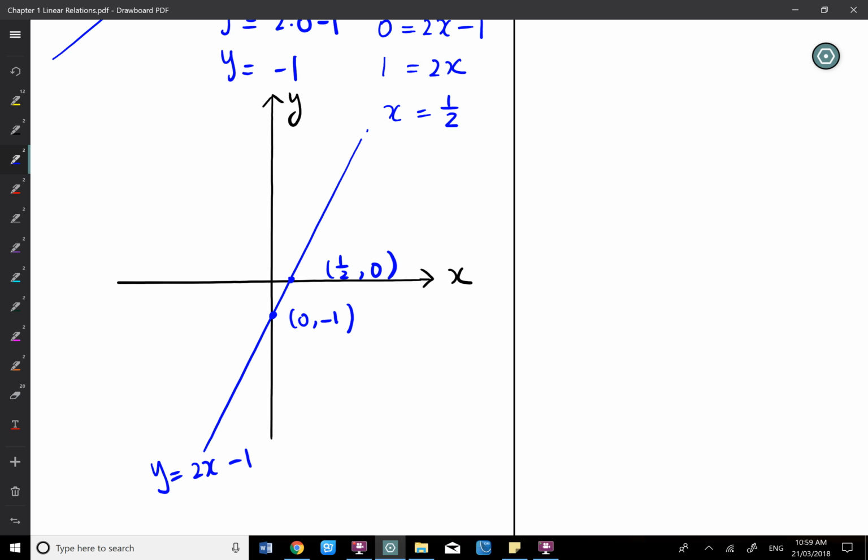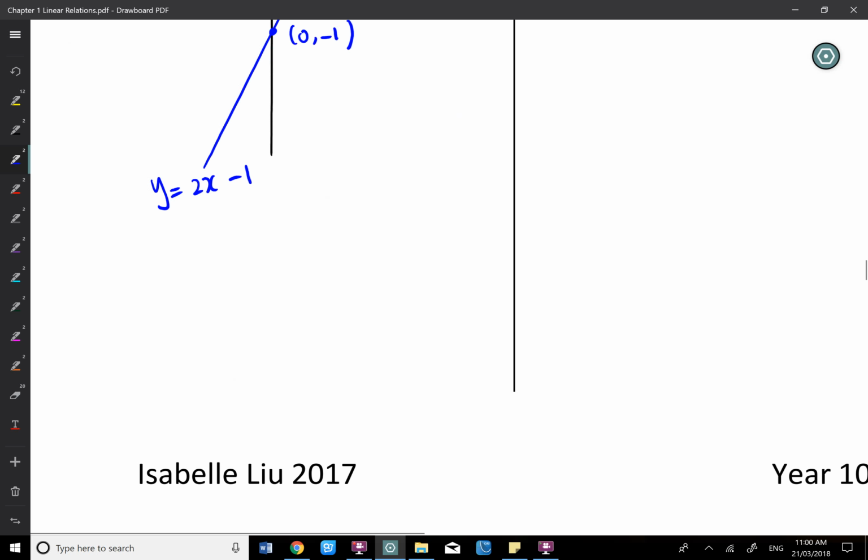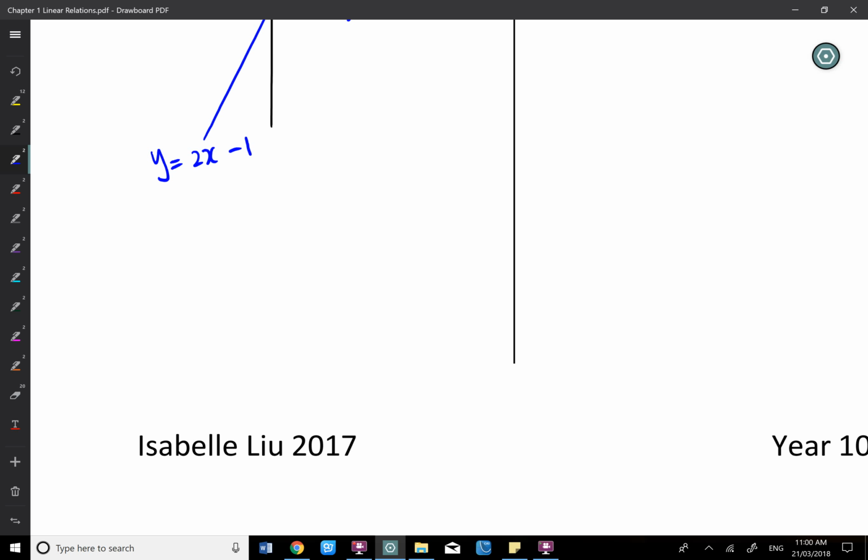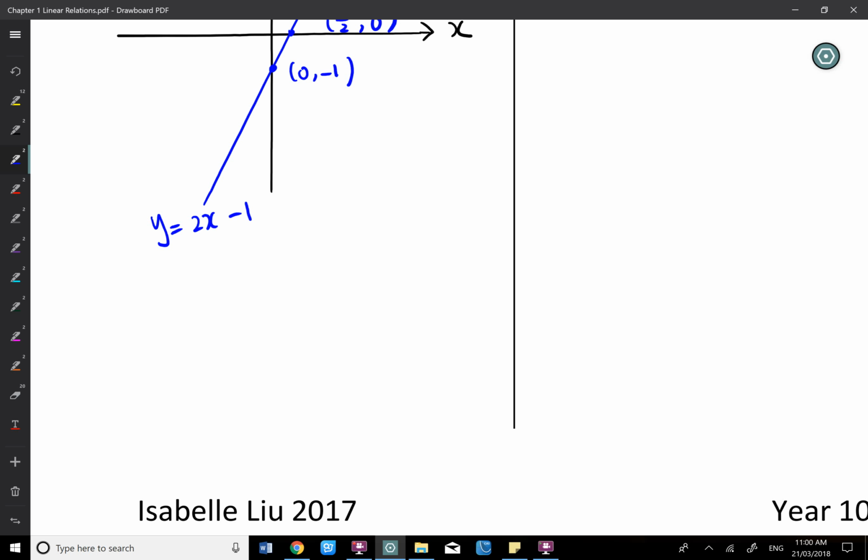But if there's more than one graph sketched in the same Cartesian plane, you need to label it clearly to make sure I understand which graph you're sketching. This graph is for this equation, this graph is for that equation. If you don't label equations when you draw multiple graphs, you will lose 1 mark for that, because I don't know which one you're trying to sketch. Keep a good habit to label your graph with the equation. So this graph is y equals 2x minus 1, so we label that.